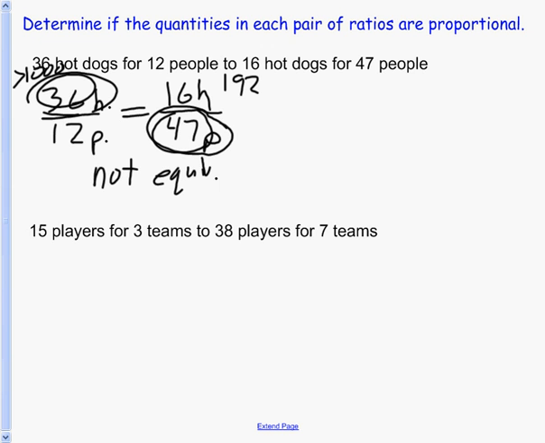Next one we have 15 players for 3 teams, and that's what I'm writing right down. 15 P for players over 3 teams. Is that equivalent to 38 players for 7 teams?